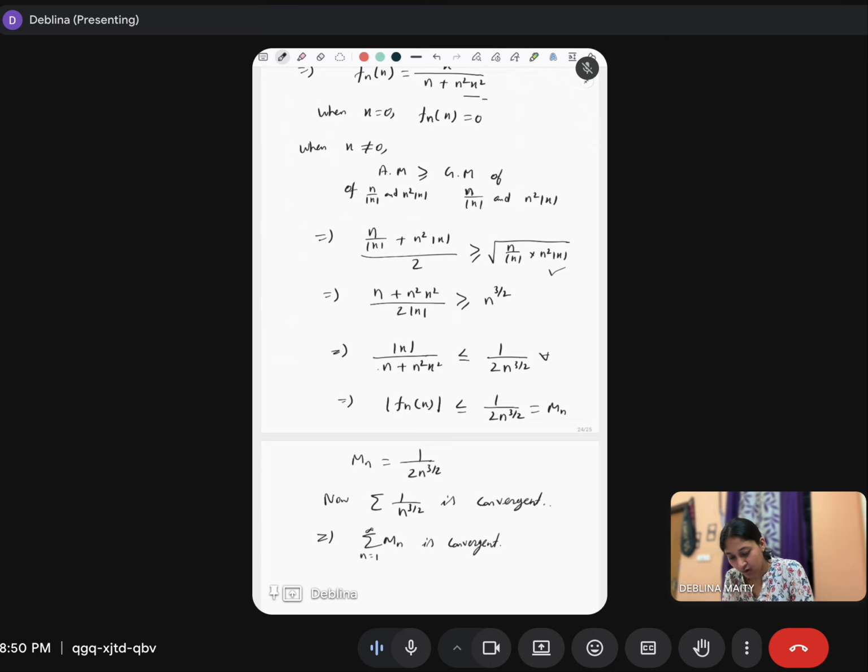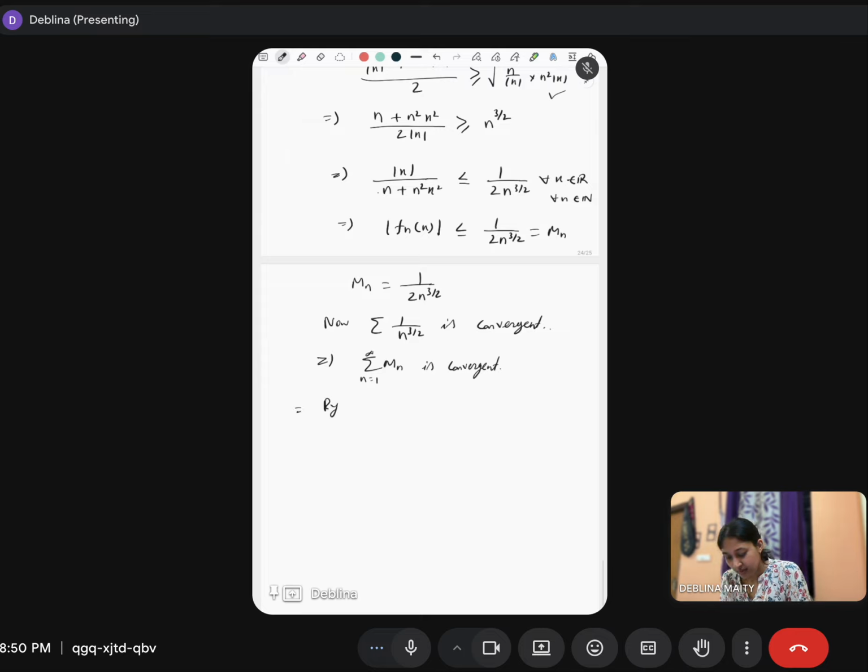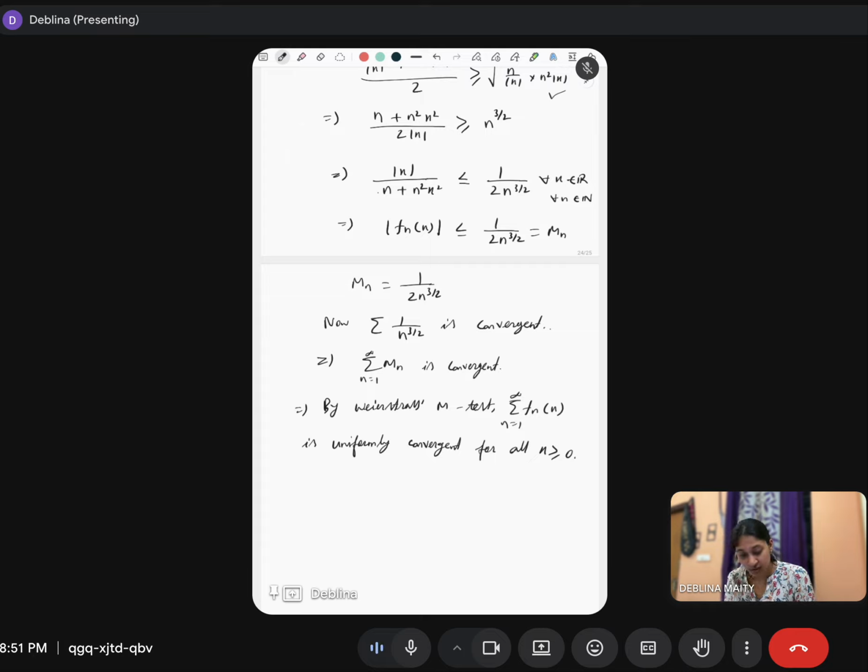So this happens for all x belonging to R, and for all n belonging to N. So by Weierstrass's M test, summation f_n(x), n equals 1 to infinity, is uniformly convergent for all real x, not greater or equals to 0, for all x belonging to R. Right?